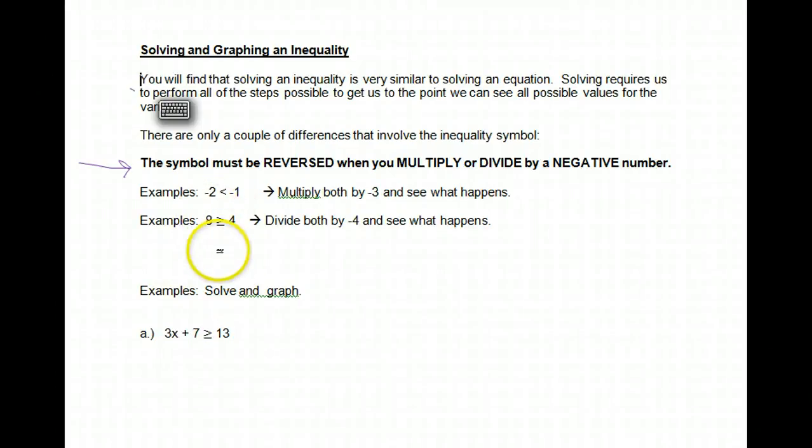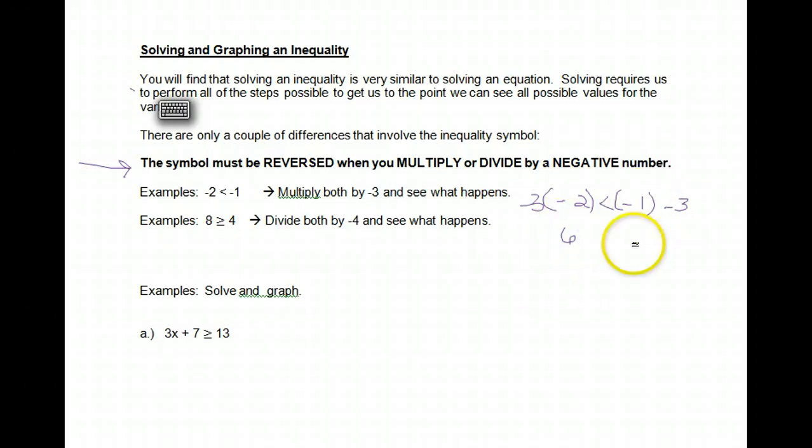If we have -2 is less than -1, that's a true statement. -2 is less than -1. However, if I multiply both sides by -3, let's see what happens here. Negative times a negative makes a +6.